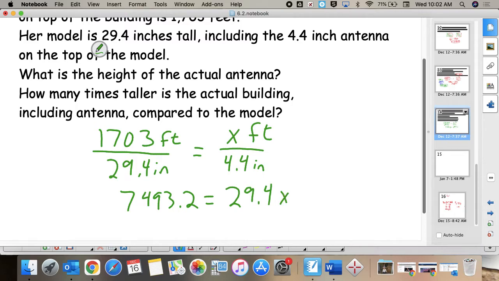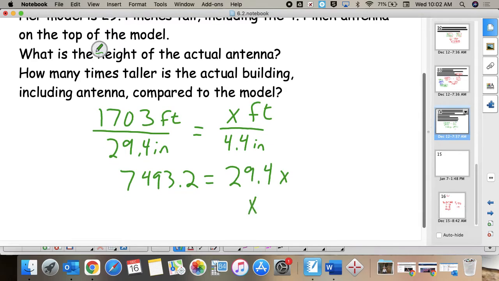So then we divide. We get X to equal 254.87. And my unit here would be in feet. So what's the height of the actual antenna? 254.87 feet.